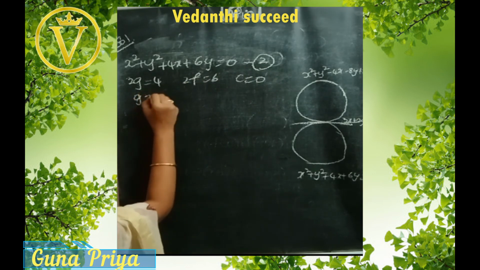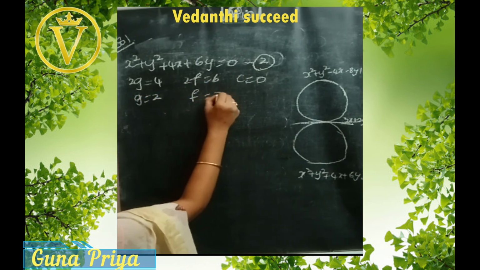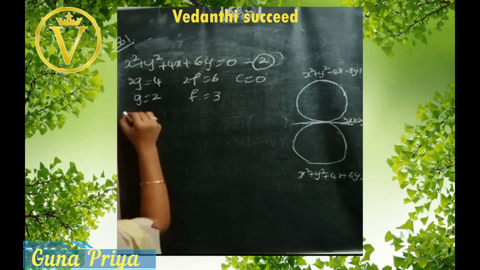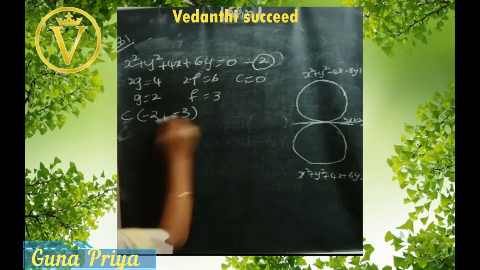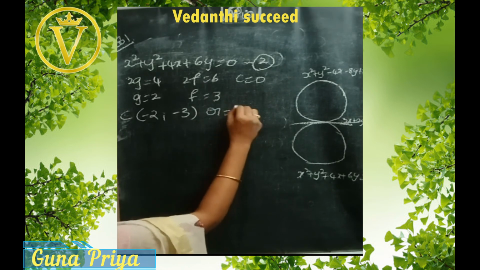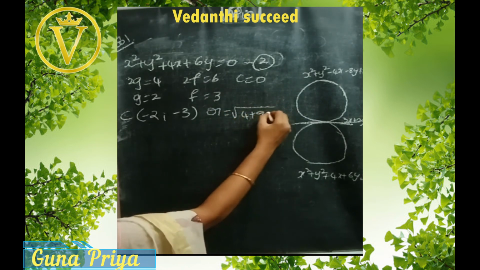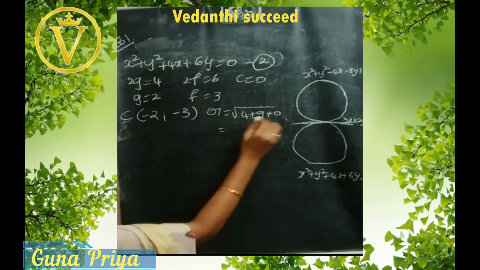The center is -2 comma -3. I'll write r equals root of 4 plus 9 minus 0, that equals root 13.